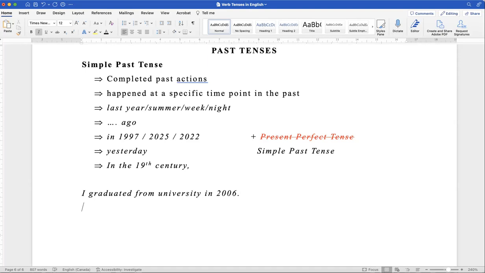Or I can say they left the country 6 months ago. In these examples, I need to use past tense because I have a specific time point in the past, and these actions are completed. That's why in these examples I cannot use present perfect tense. I must use simple past tense.